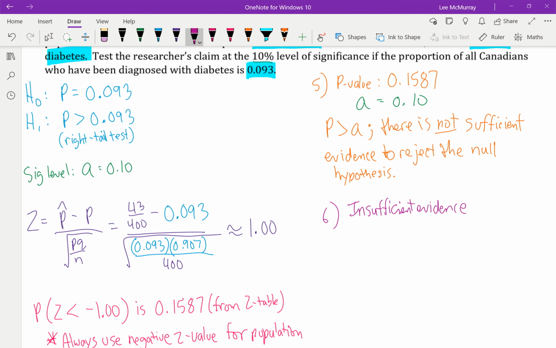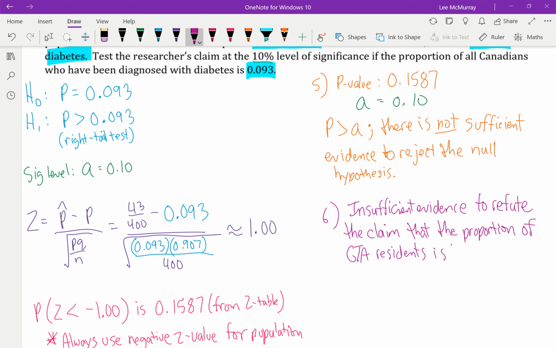To put that into normal terms, there's insufficient evidence to refute the claim that the proportion of GTA residents is the same as the national proportion. Okay, so we can't overturn that claim.